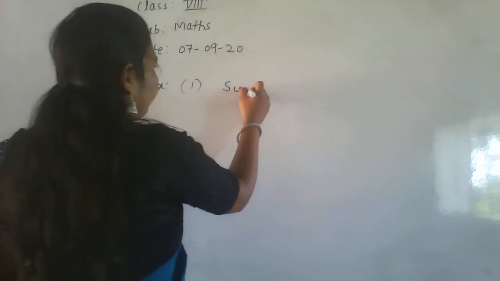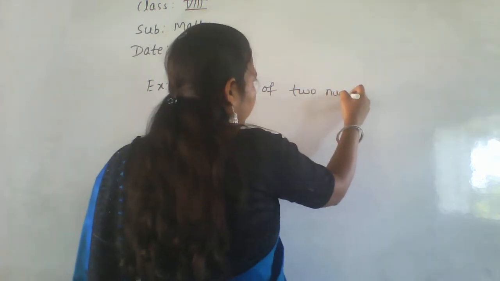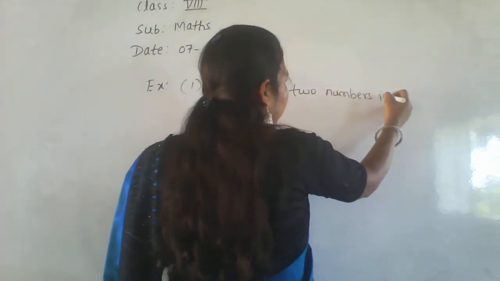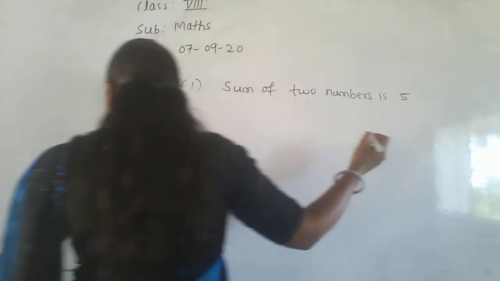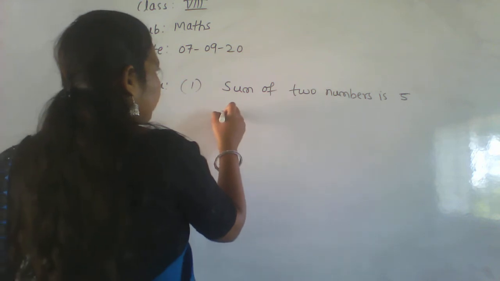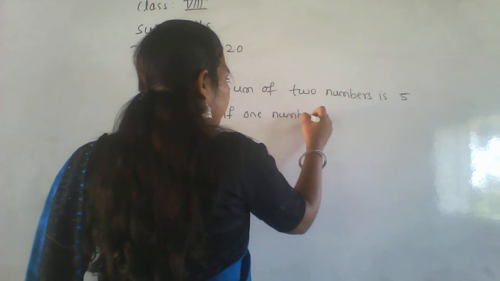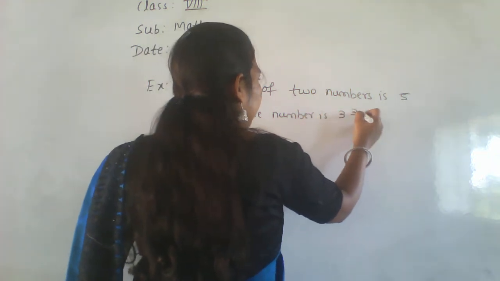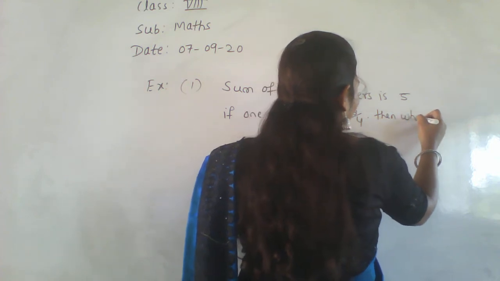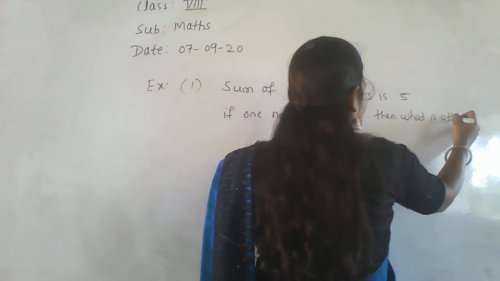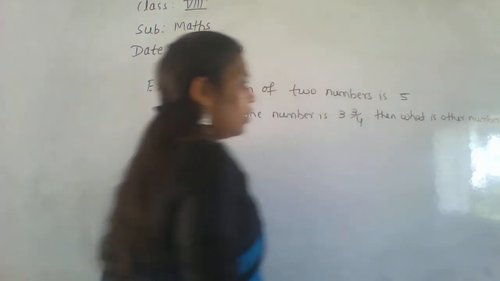Sum of two numbers is 5, and if one number is 3 integer 3 by 4, then what is the other number? What is the other number they are asking here.